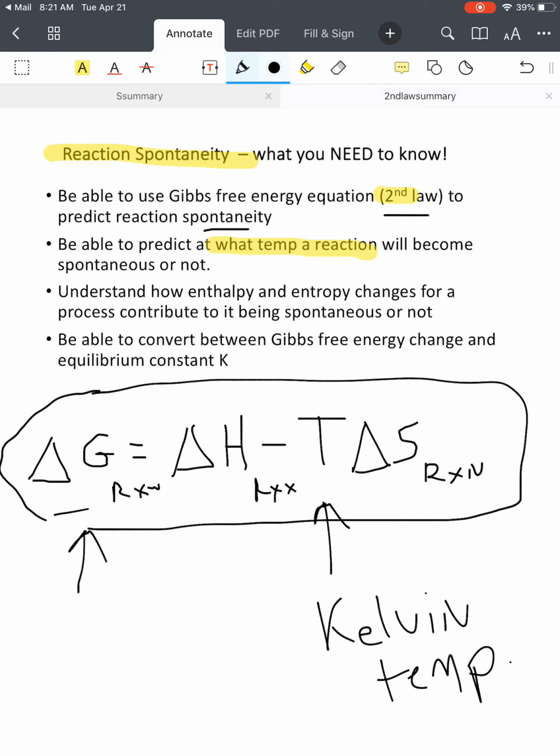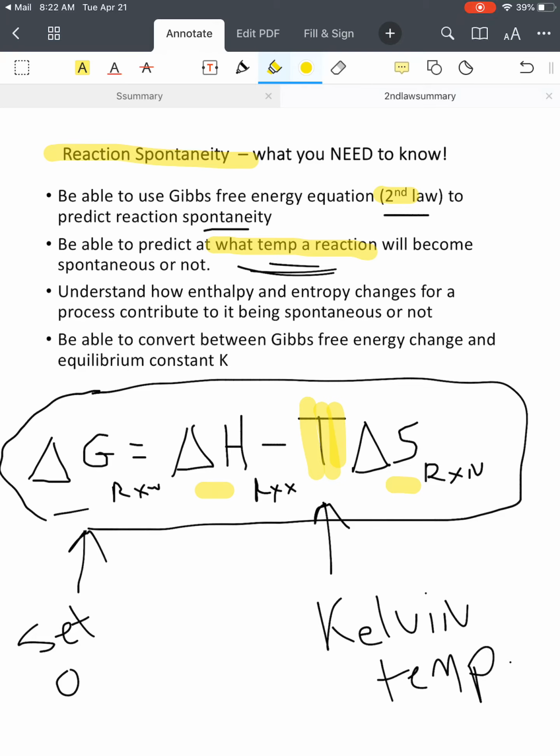In such a problem, where you're trying to figure out the key temperature at which it becomes spontaneous or not, you set this delta G to 0, which is the point where it switches between positive and negative. Then you solve the equation for T, based on the information for your delta H and your delta S. And that T becomes the crucial temperature where the reaction might switch between being spontaneous or not.